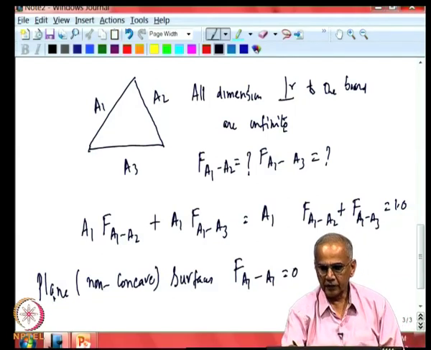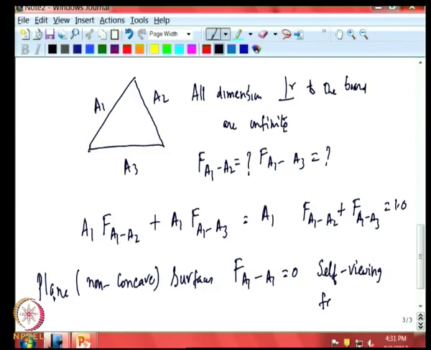So, this is called the self-viewing factor. A self-viewing factor is the fraction of radiation leaving a surface which comes back to itself. Now, this can happen only when the surfaces are concave. If the surfaces are plane or convex, they cannot see themselves. So, the self-viewing factor is 0.